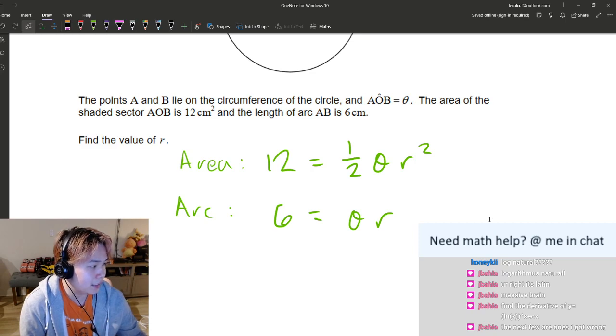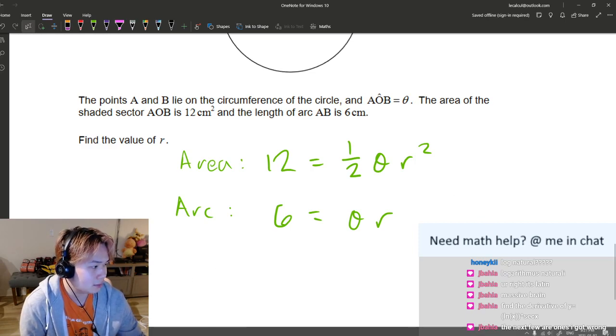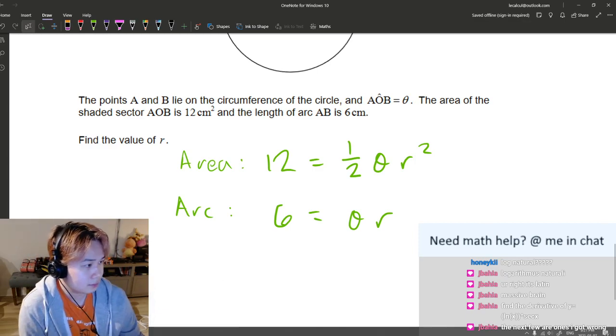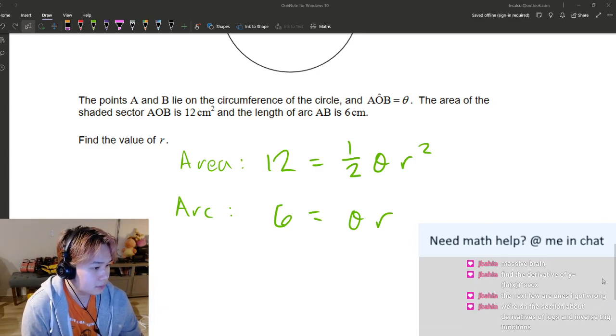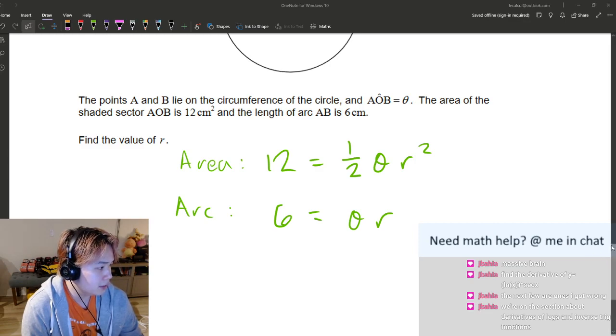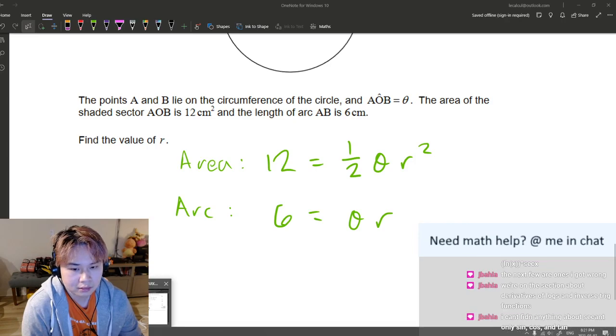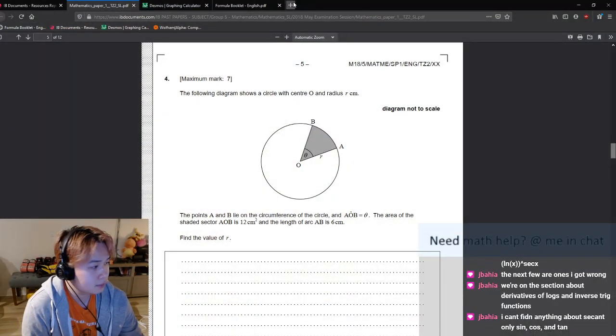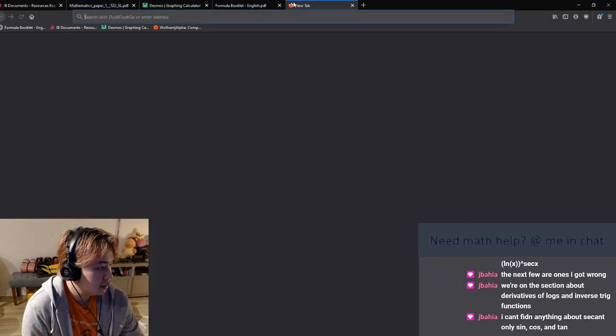That's a little problematic. Did they teach you any special techniques? Derivatives of logs and inverse trig. Can't find anything about secant, only blah blah blah.